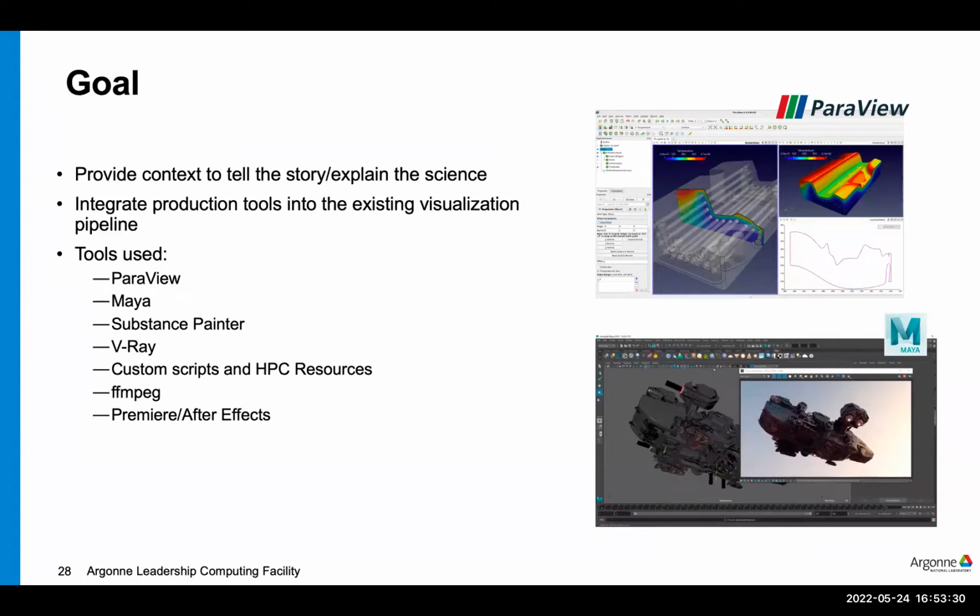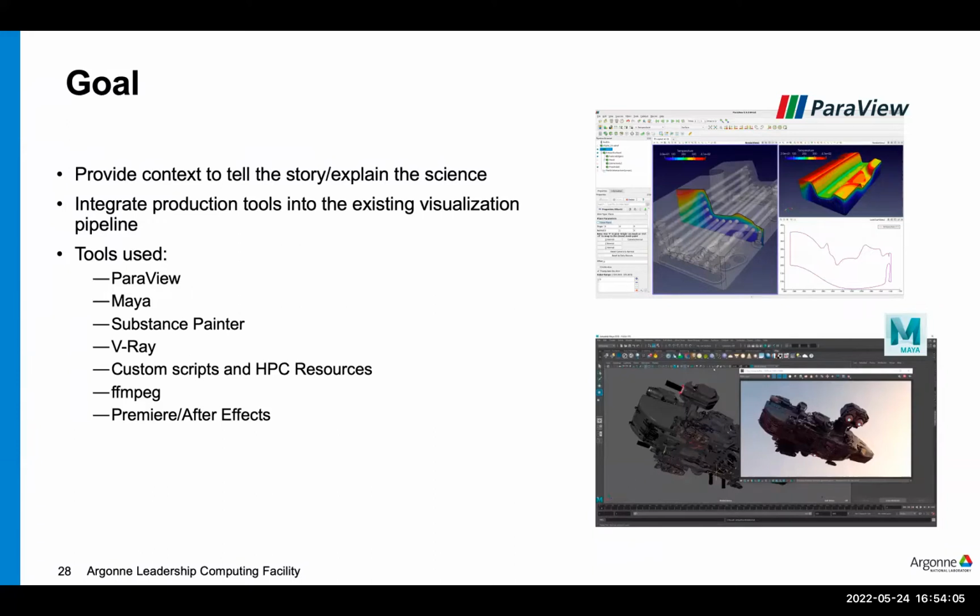So we use these more commercial tools that are traditionally used in the film industry to help set the context for this science data. We used ParaView, which we've talked about a little bit already, right? A scientific data visualization tool, to help take all the NEK5000 data, turn it into representations like things that you've seen, and create the geometry from that.